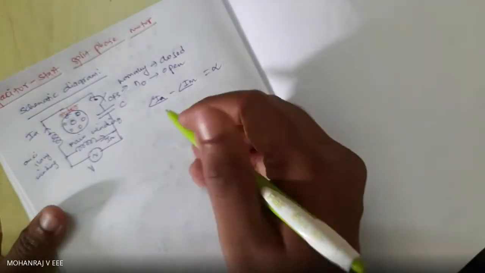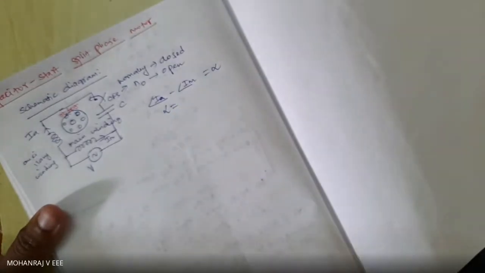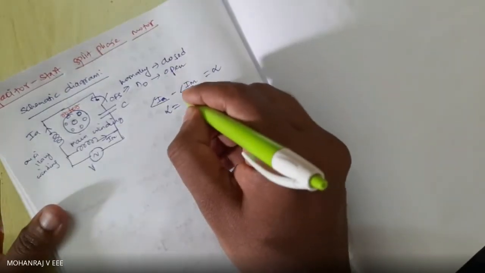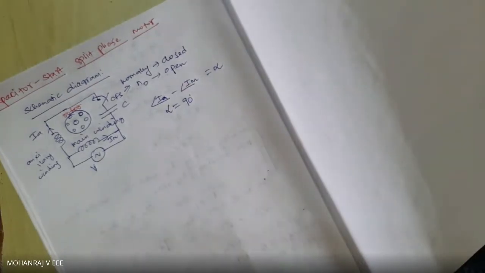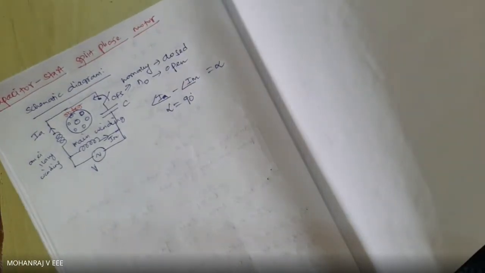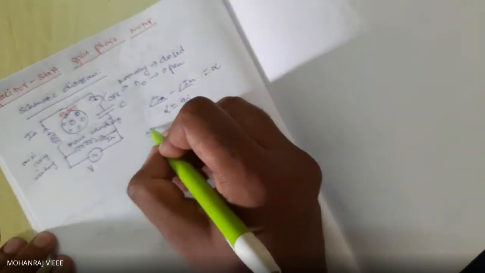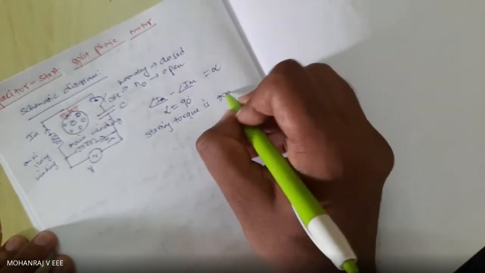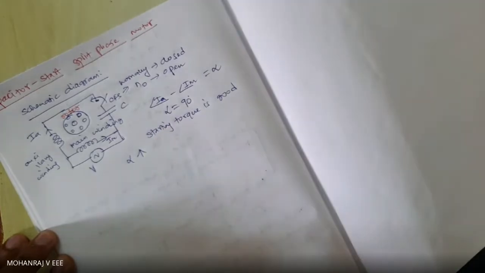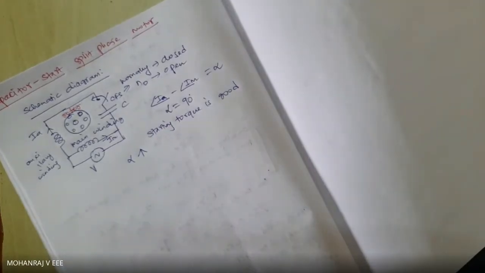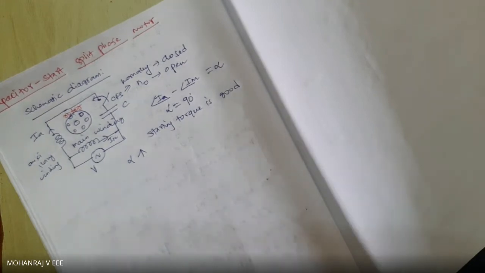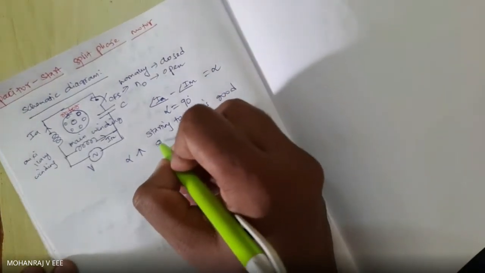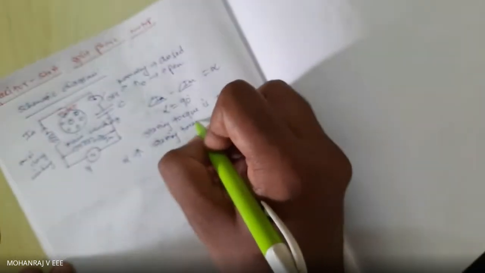Here alpha is equal to 90 degrees. If alpha increases, my starting torque also increases; they are directly proportional.